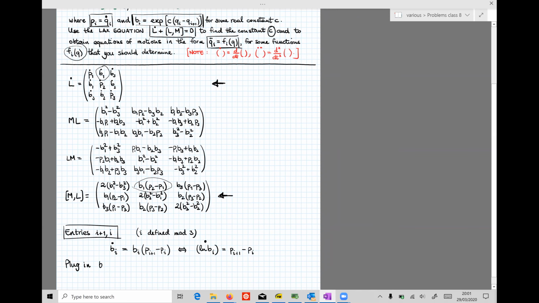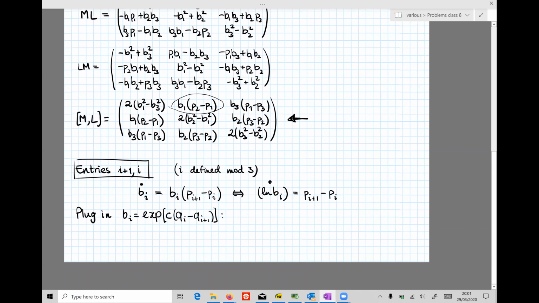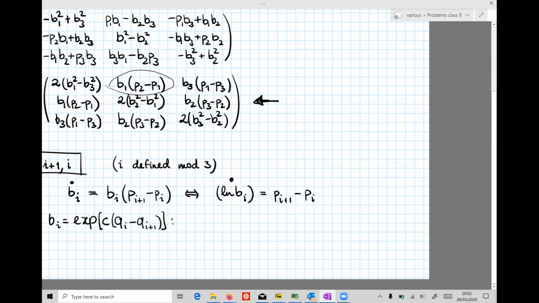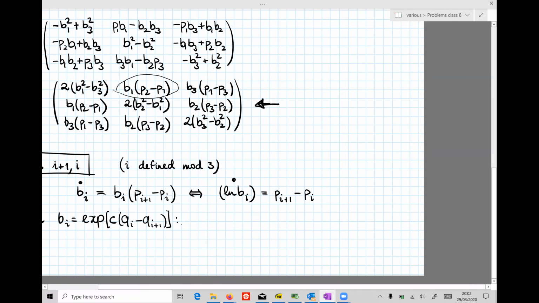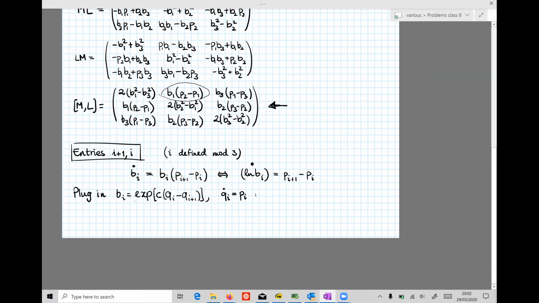So let's plug in B_i equal to exponential of C times (Q_i minus Q_{i+1}), and also we know that Q_i dot is equal to P_i. So the log of B_i is just the exponent, and then we need to take the time derivative.